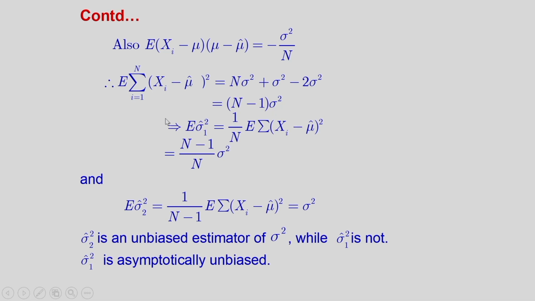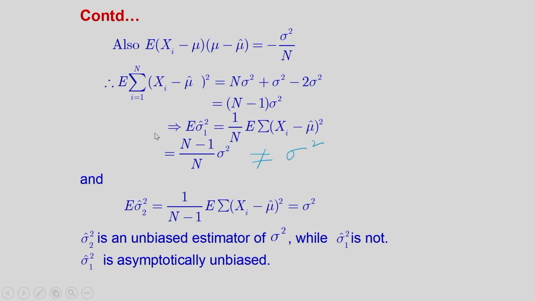So now if we have to find E of sigma 1 hat square, the scaling factor is 1 by n into this quantity, so it will become (n minus 1) divided by n into sigma square. So this is not equal to sigma square.